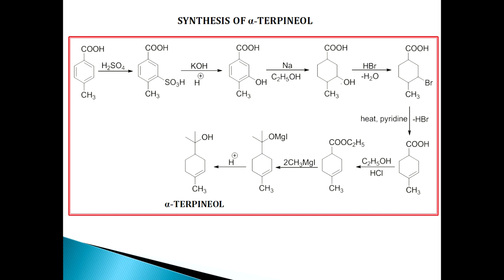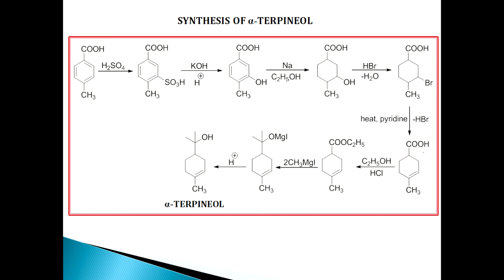This cyclohexanol compound reacts with hydrogen bromide. Here bromination takes place, followed by elimination of HBr, and we get the alkene.